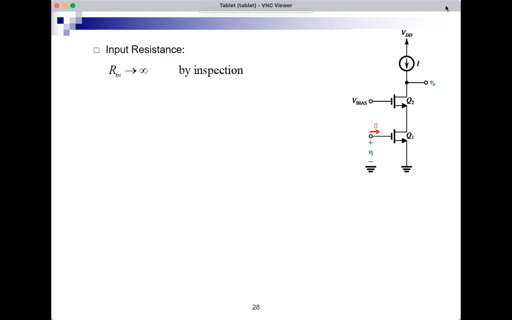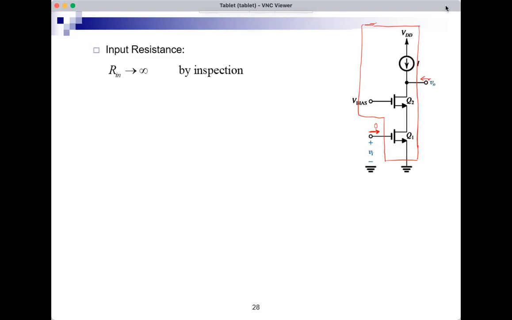Output resistance. So again, let me draw the boundaries for my overall amplifier. What is the output resistance for this overall amplifier? This is a small signal quantity. If I assume that the current source is an ideal DC current source, the I source becomes an open circuit when I'm doing signal analysis.